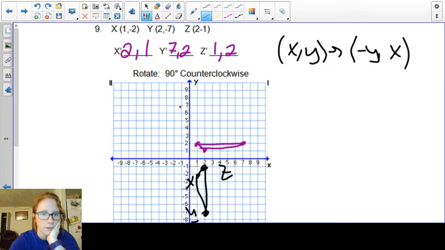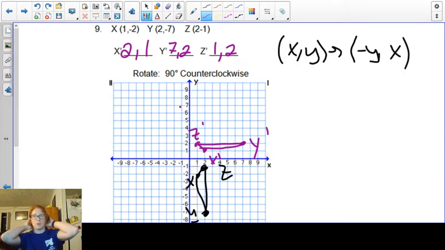X is here, Y is here, and Z is up here. I didn't want to put the letters on yet just because I knew it was going to be so close together, so I didn't want to mislabel anything or get it in my way like it did on the other one.